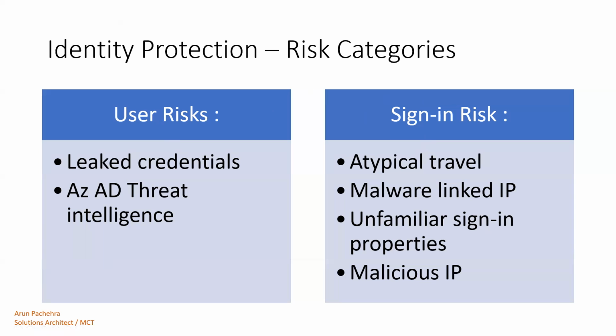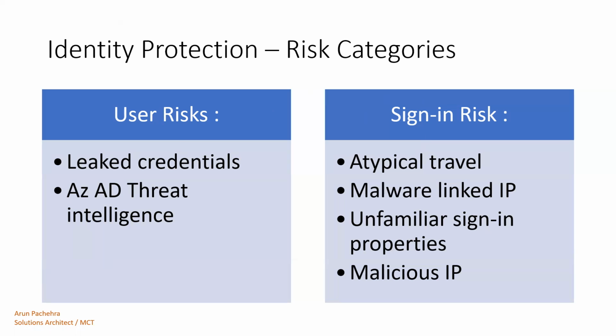They're not trying to access at that point in time, but the username and password, maybe the password is leaked on the dark web. So in other words, sign-in risk goes beyond detecting the fact that a user's credentials have been compromised to detecting that the credentials are actively being used by someone else to sign in as the user. Identity Protection uses different techniques to detect sign-in risks.